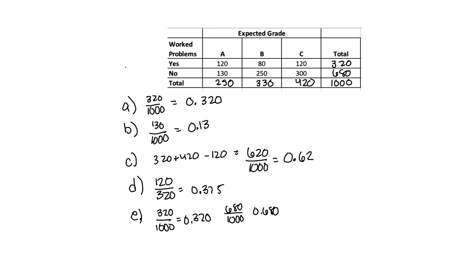Well, we know that 120 out of 250 is 0.48. And then those of them that want to be, 80 out of 330, that was 0.24. And 120 out of 420, that's 0.28.